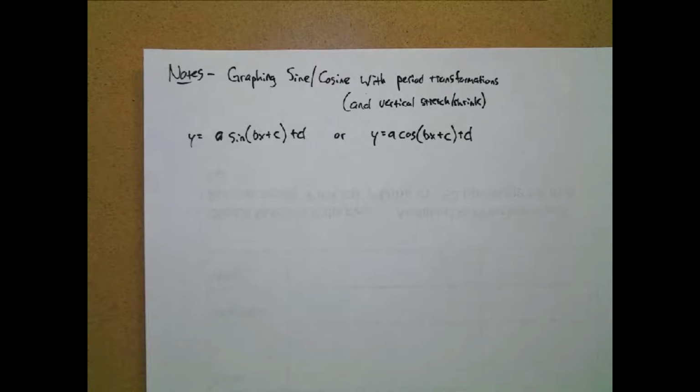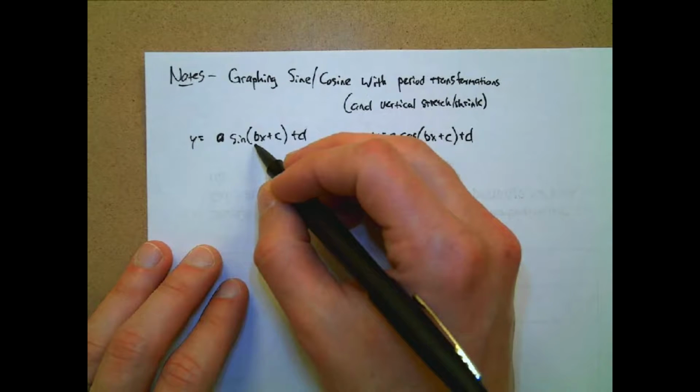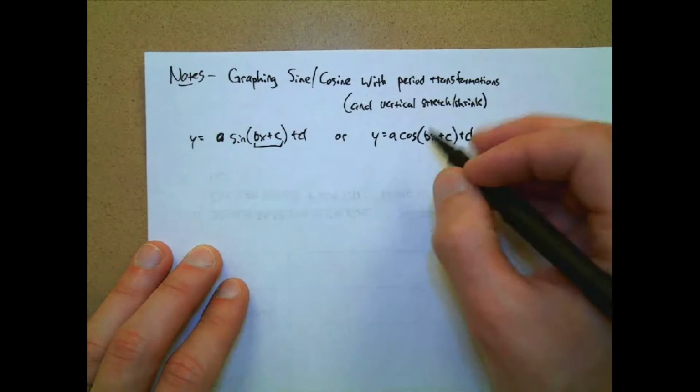Okay. So alrighty. We're going to take two things at once here when we talk about our period transformations. What I should say is the thing that we're going to take into account today is this bx plus c.